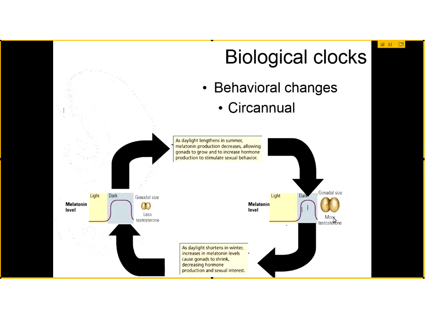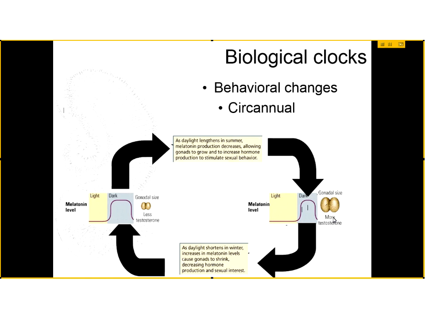So not only do we see changes in overall activity level across the day, but we see changes in willingness to engage in sexual behavior across the year related to the length of day. These are just two examples of periodic changes in behavior related to the environmental changes on Earth, related to the length of the day and also the length of the year.